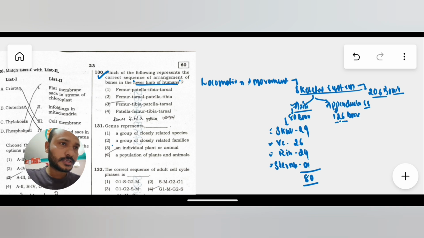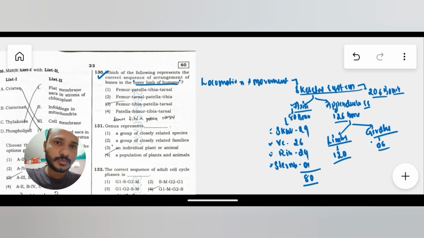Now coming to the appendicular skeletal system, which is made up of two important structures: limb bones and girdle bones. Out of 126 bones, 120 are limb bones and only 6 bones are girdle bones. First we'll discuss how the girdle bones are arranged.